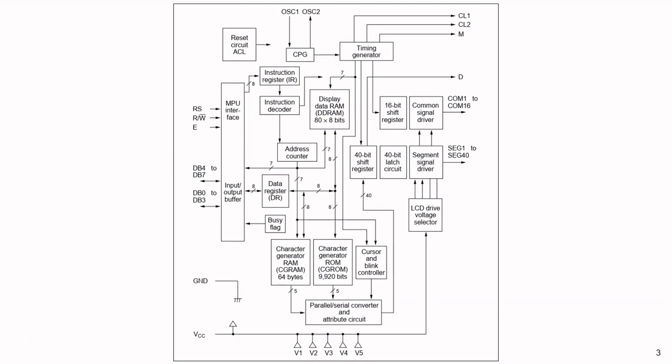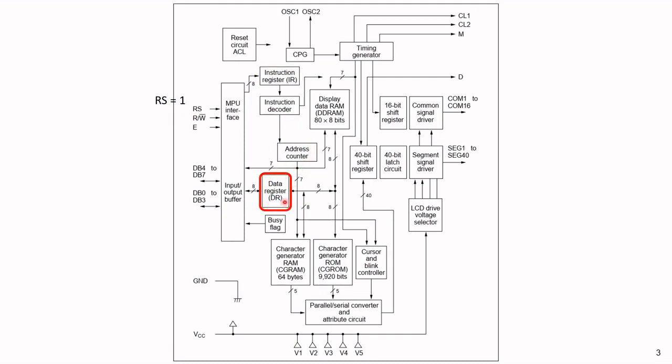Now I'm going to extract some information from the HD44780 datasheet, and here I have on page 3 of the datasheet the block diagram of the LCD module. All right. So the first thing I would like to highlight is the instruction register, or the IR. To select this register, you need to set the RS pin, which is this one here, to 0. That will select IR, the instruction register.